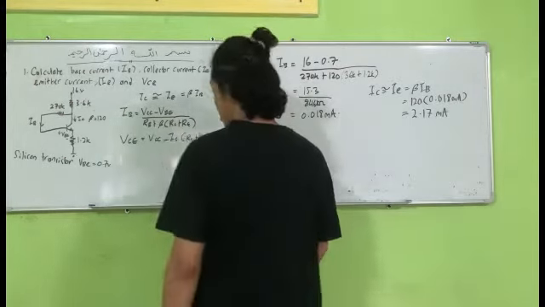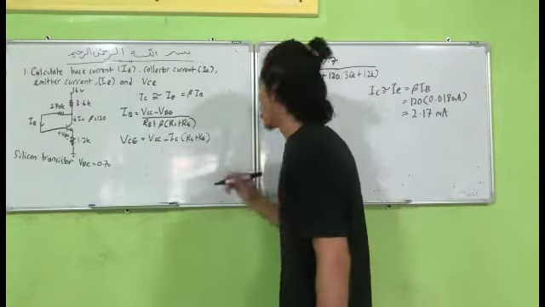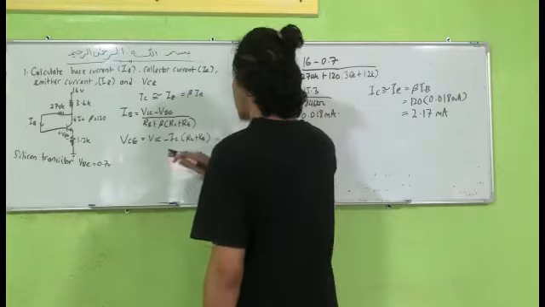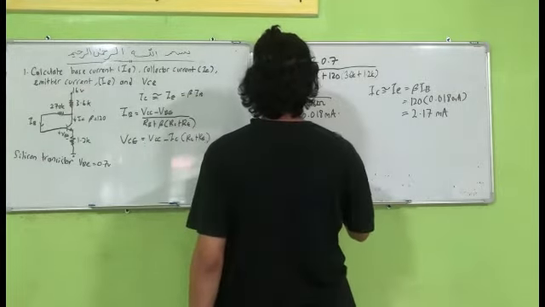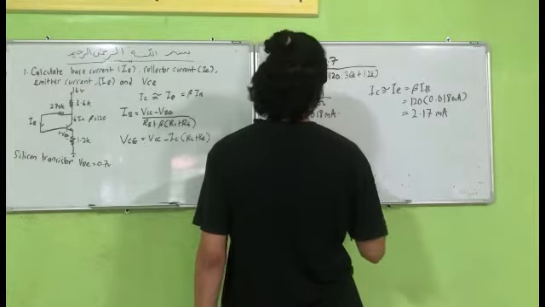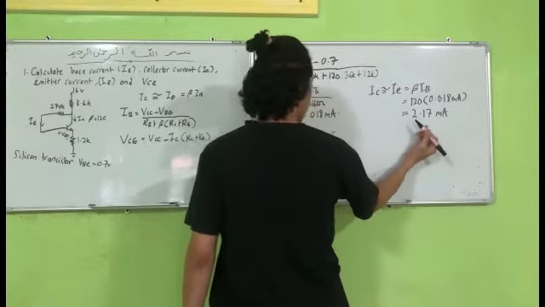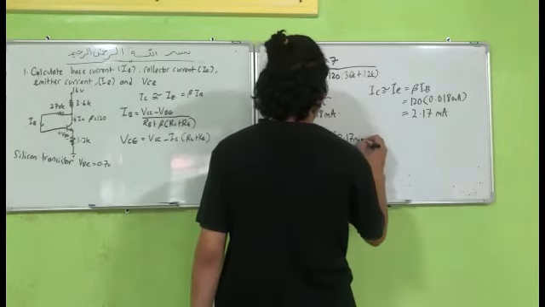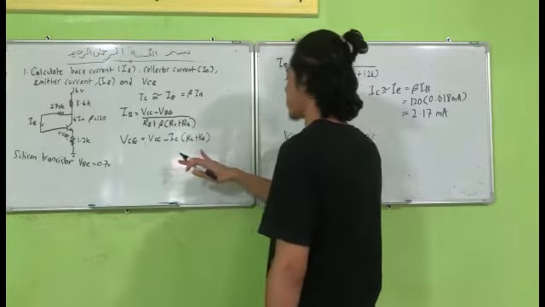For the value of VCE, we have to use this formula. VCE is equal to VCC, which is 60 volt, minus IC. We get IC as 2.17 milliampere multiplied by RC plus RE.